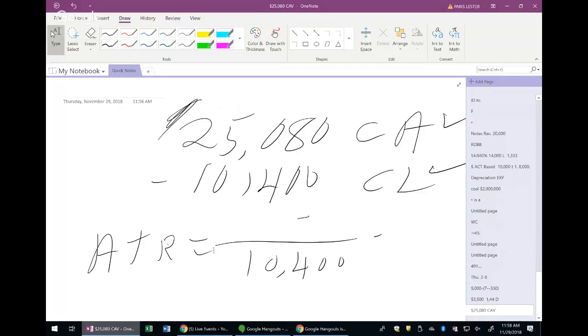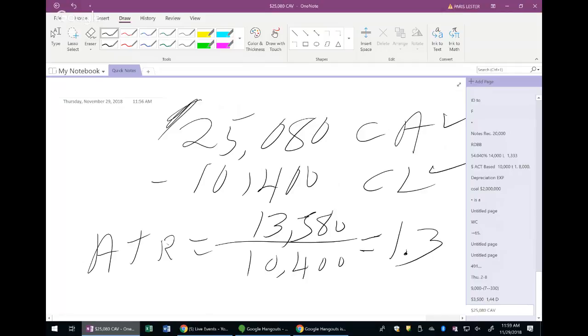Accounts receivable. Well, we don't have marketable securities in this problem. You leave out inventory, don't you? Some books leave out prepaid expenses. All right? But if we just take cash and accounts receivable, that'd be 13,580. So we'll divide by 13,580, and that's one what? One what? 1 point what?